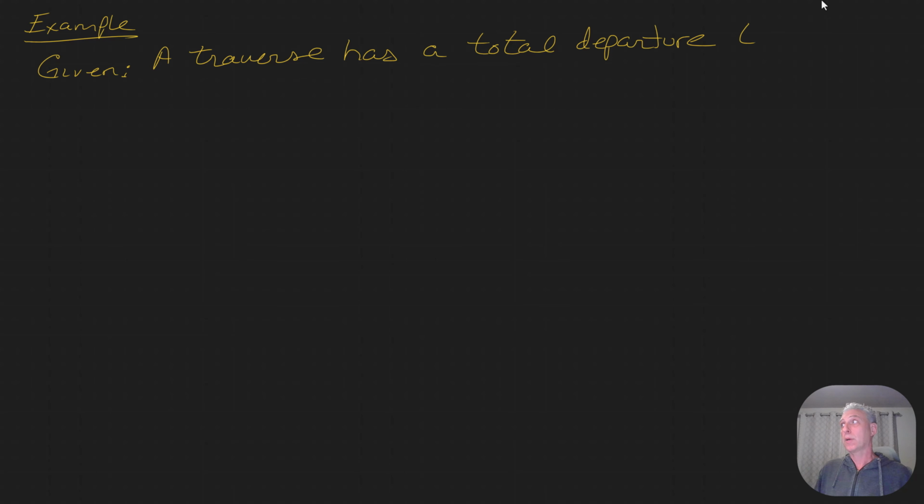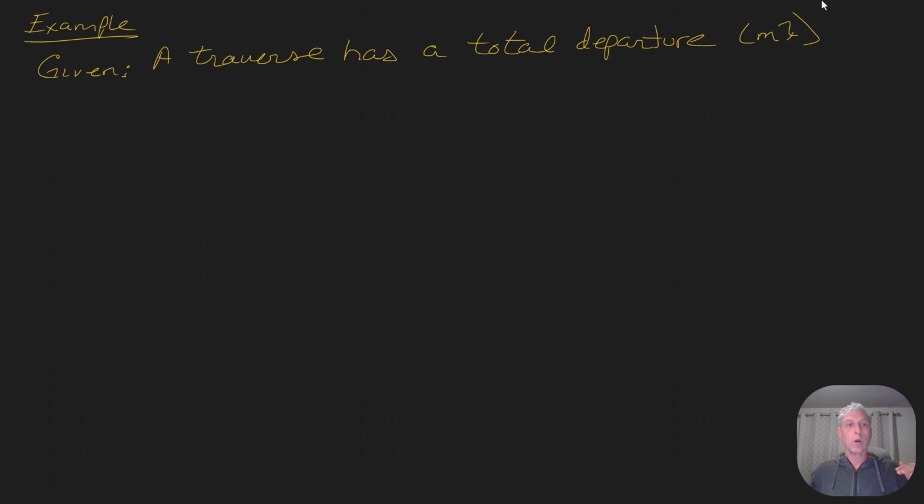Given a traverse has a total departure, and if you think about what departure is, that's our m lambda, right?